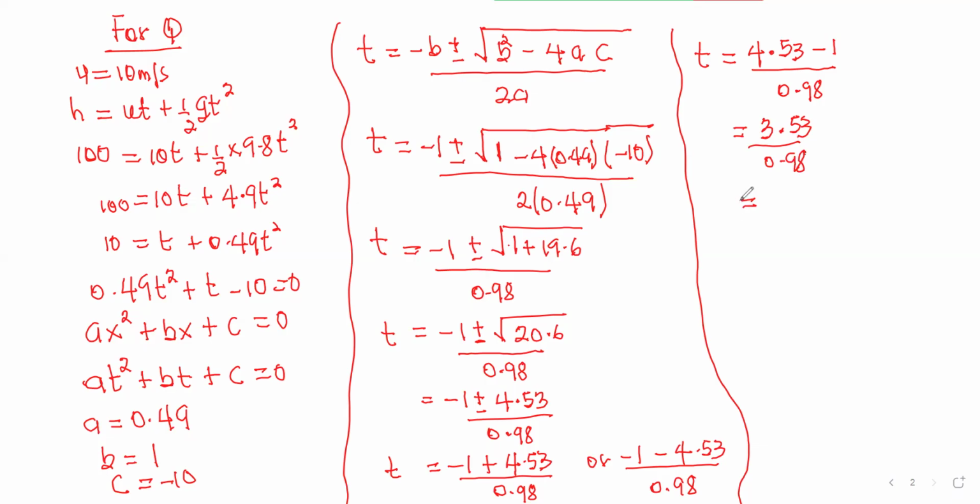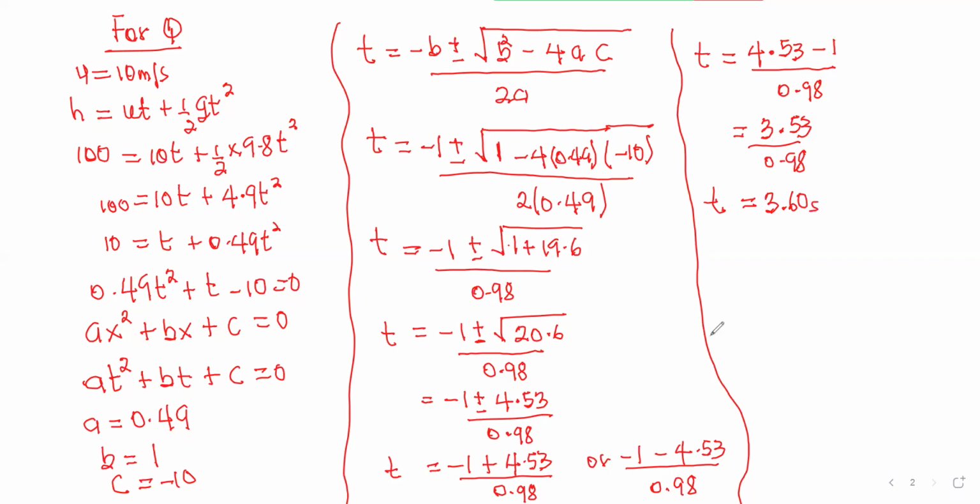Yes, 3.53 divided by 0.98. Just divide 3.53 by 0.98. Yes, please. 3.60. Good, seconds.